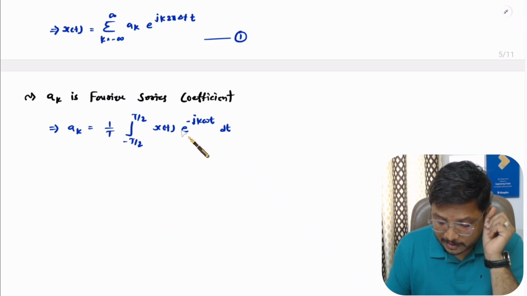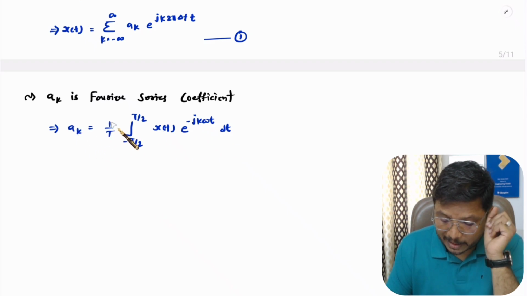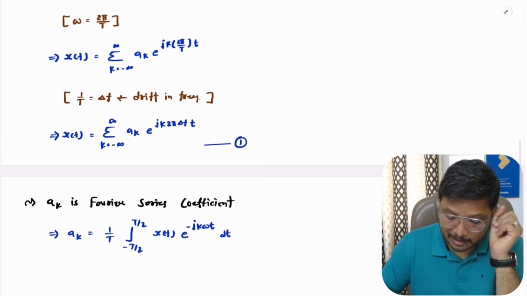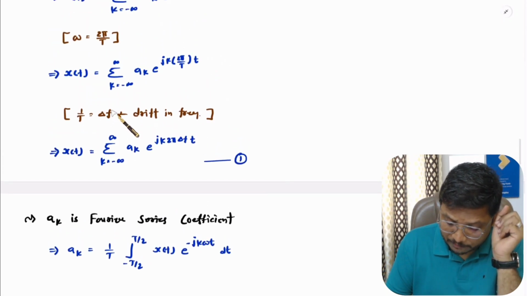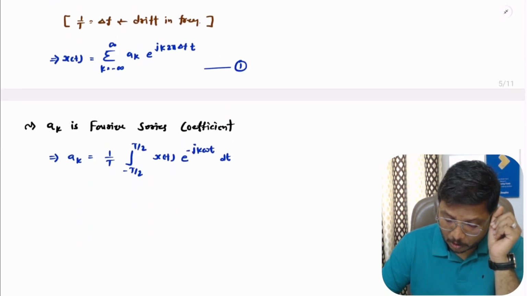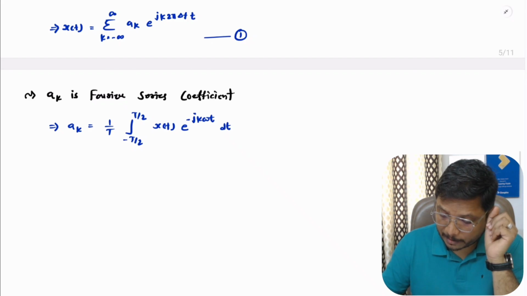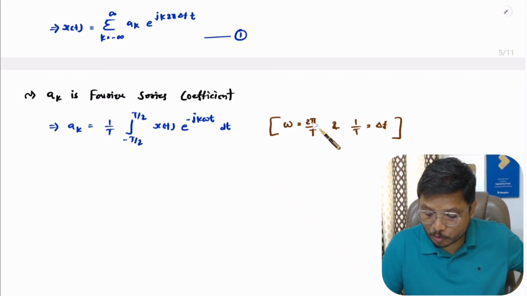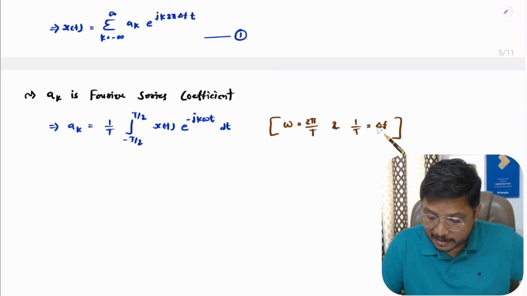Now with this Fourier series coefficient, see 1 by T, that we have already considered as drift in frequency, and omega equals 2π by T. So here now I will consider omega equals 2π by T, where 1 by T is delta f.